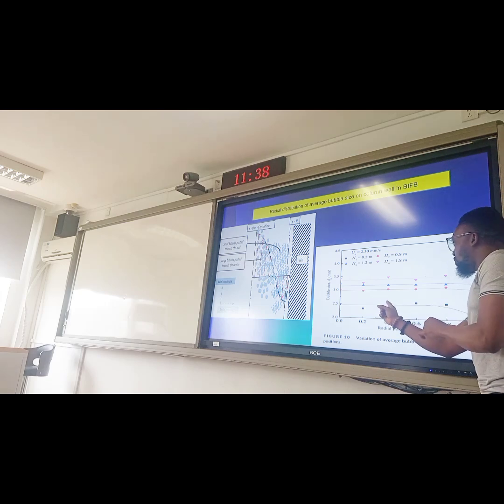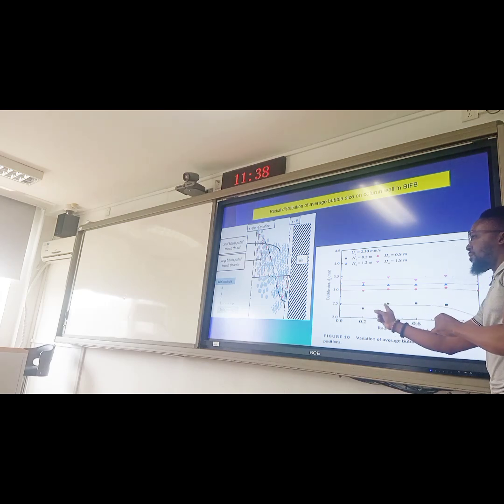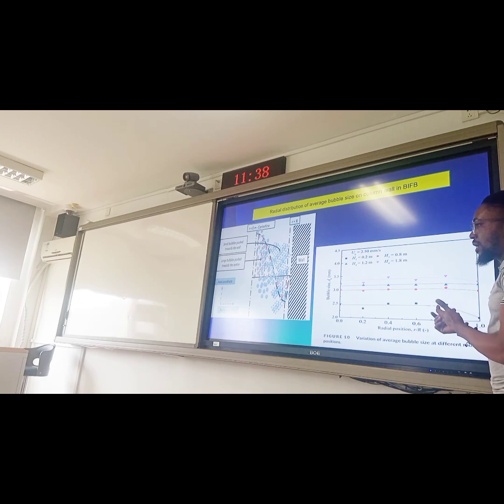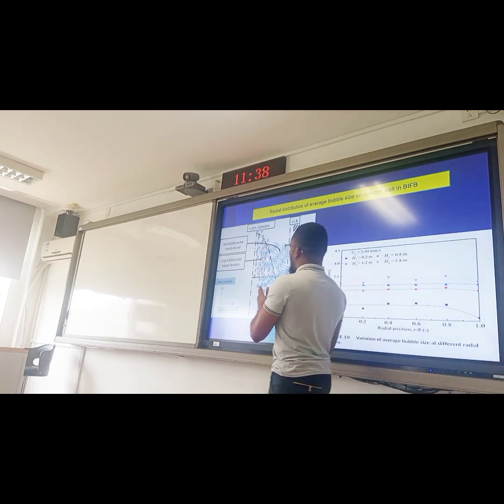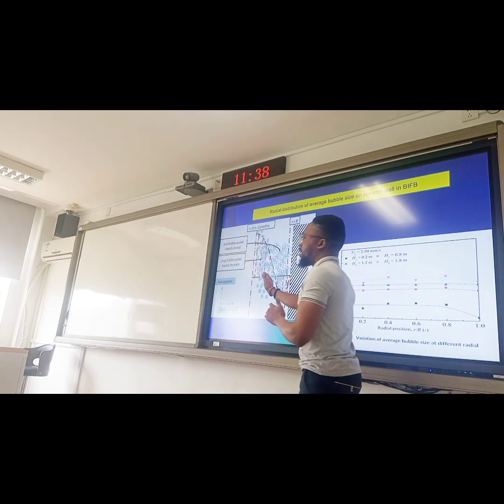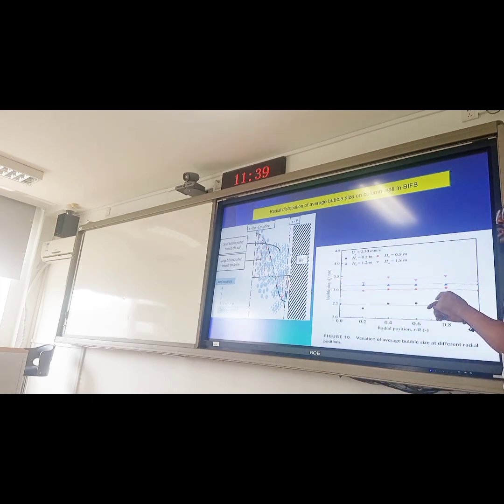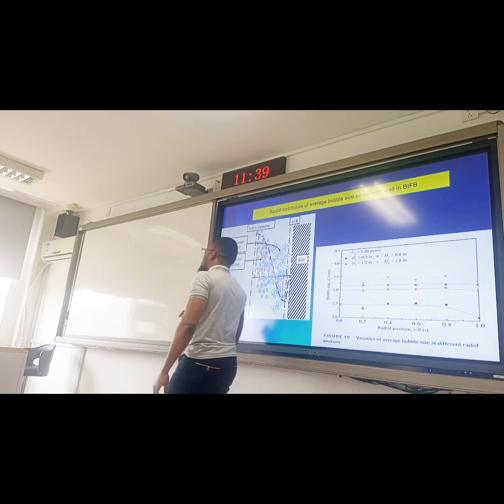But nearer to the wall, there seems to be a decrease of the bubble size. The question is why? Larger bubbles tend to move away from the walls due to the wall effect. That was the basic explanation of this behavior obtained in this result.